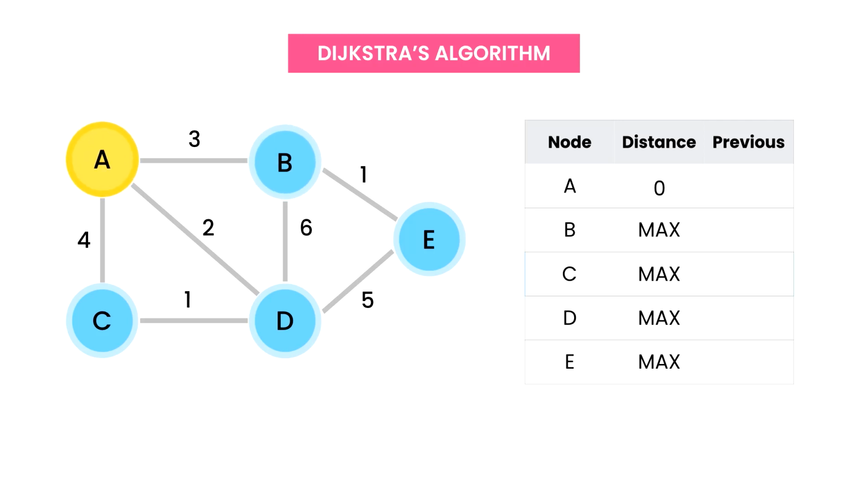It's 3. We compare this with the known distance to B. That is what we have in this table. Since we have found a shorter distance, we should update our table. So we set the distance to B to 3. Now, how did we get to B? Via A. So we need to record A as the previous node in our table. We'll need this later when we construct the full path between two nodes.